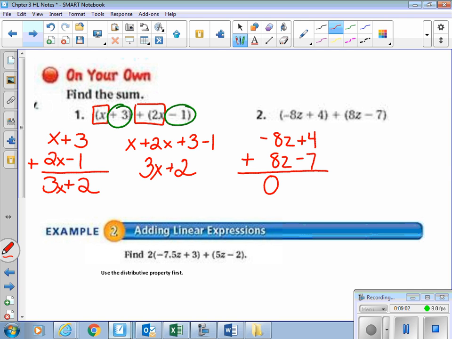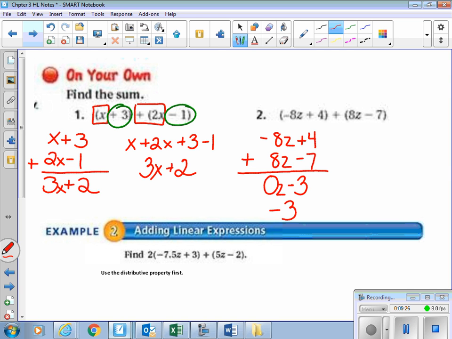Positive 4 plus a negative 7, my signs are different. I would find the difference between them, which is 3, and take the sign of the higher absolute value. I forgot to bring down my z here. So I have 0z minus 3, and anything times 0 is 0, so we can just get rid of that for a final answer of negative 3.